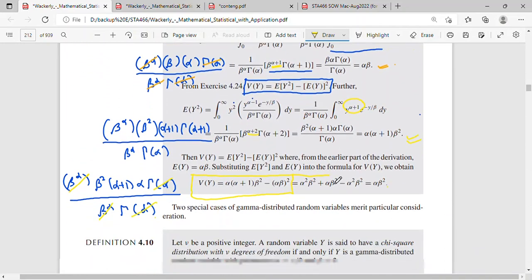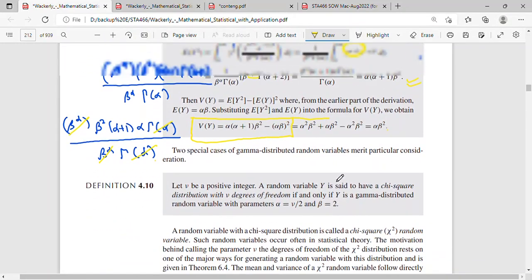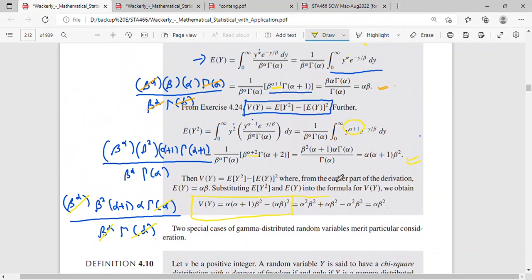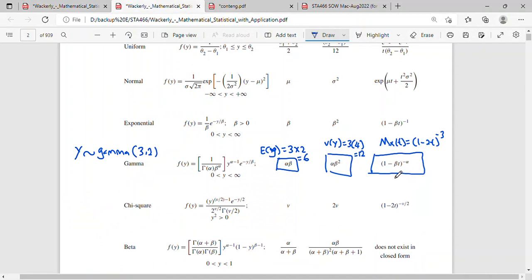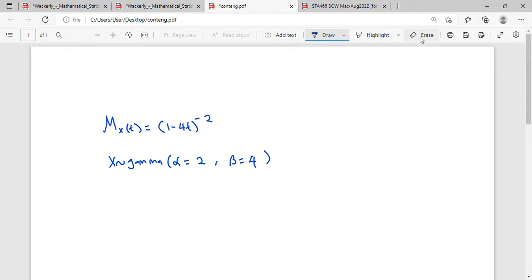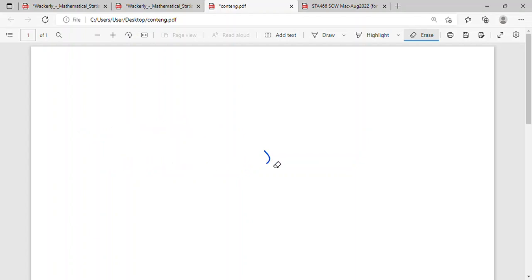Okay, so another one adalah MGF. Macam mana nak prove the MGF for gamma adalah 1 minus beta t power of negative alpha. Okay, let's see here. So, gunakan konsep yang sama untuk dapatkan MGF.